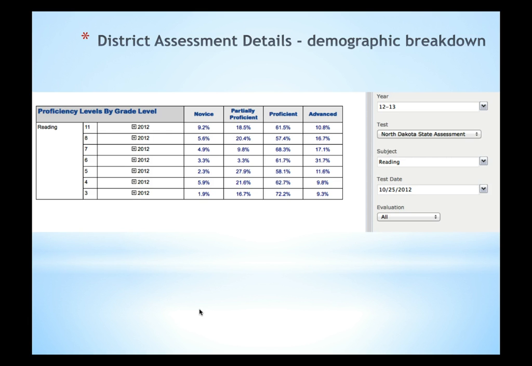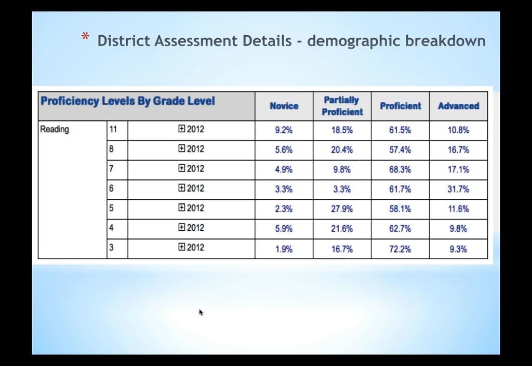We have reading, we have our different proficiency levels, and then we could also look at the individual demographic data below by moving to the additional pages that are provided.